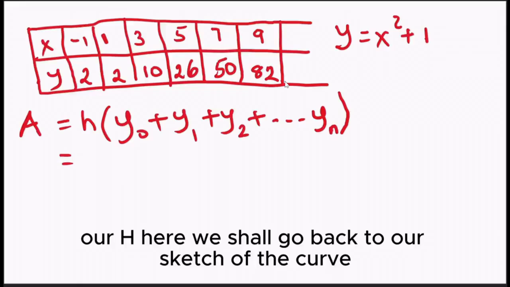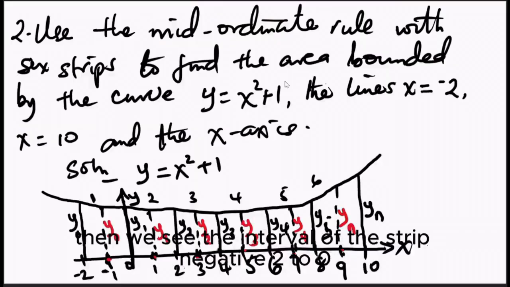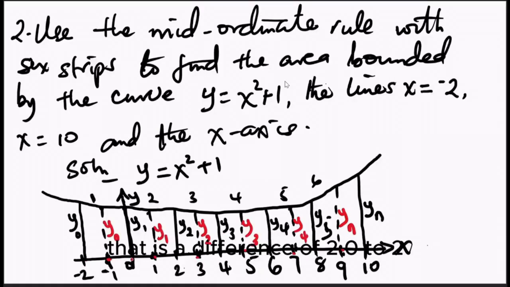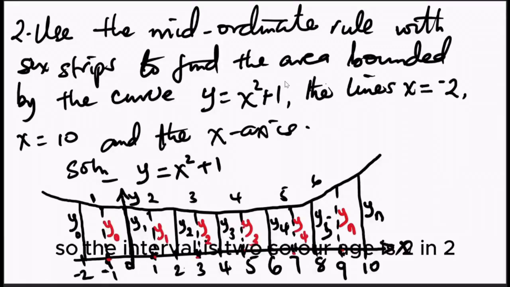Our h here, we shall go back to our sketch of the curve. Then we see the interval of the strip, -2 to 0. That is a difference of 2, 0 to 2. So the interval is 2.